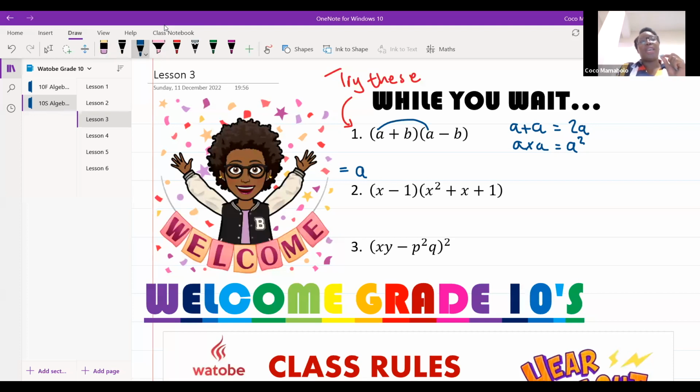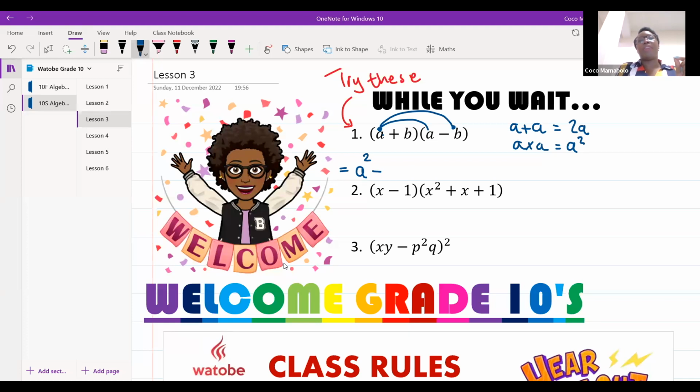So A times A will give me A squared. And then I'm going to have A times negative B. What's that going to give me? A times negative B, so I'm going all the way to the end, this one over here multiplied by that one on the far end. That's a tricky one.